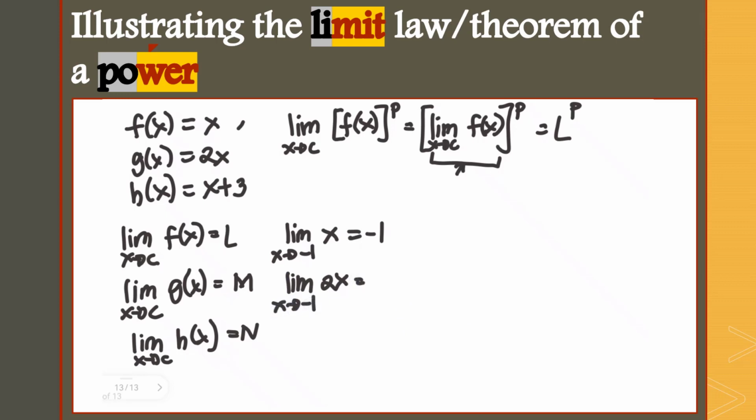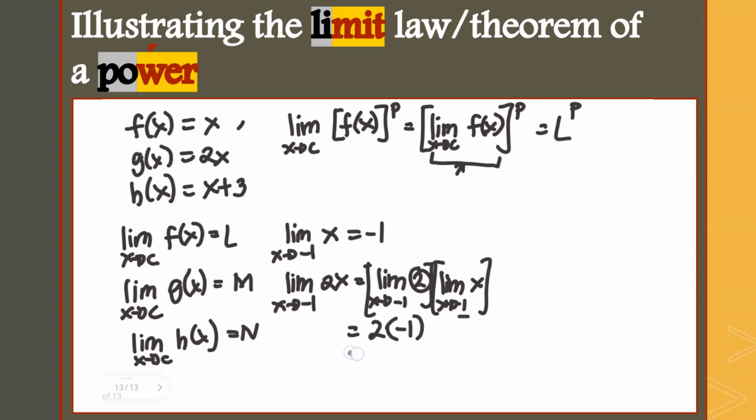This can be written as the product, the limit of the constant 2 as x approaches -1 times the limit of x as x approaches -1. The limit of the constant is the constant itself, so 2. The limit of an identity is the value of c, times -1. You have -2.